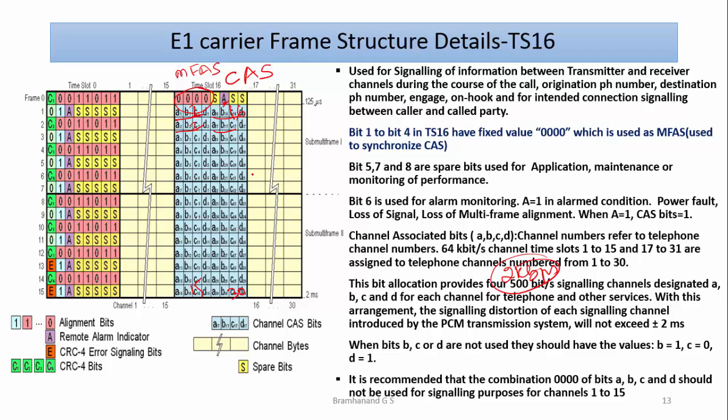And sometimes they don't use these bits B, C, D, and if they don't use them, then they will be set to 1. Sometimes for some specific point-to-point communication, we don't need all the 4 bits for each channel, during which time we use only 1 bit. Okay, so this is a brief information about channel associated signaling.